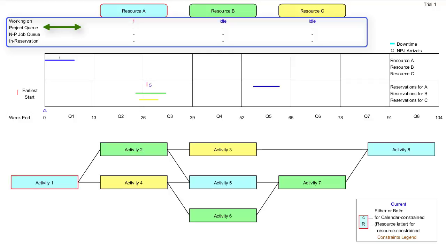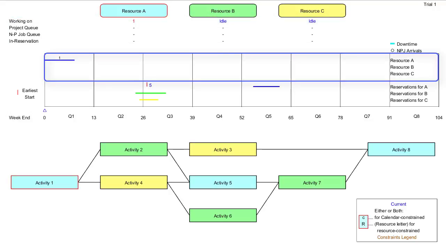An activity in queue will launch when any calendar constraint is satisfied and the resource is available and there are no other non-project jobs in the queue. The NP job queue row indicates the number of non-project jobs waiting for each resource. The in reservation row will show a Y for yes when the resource is reserved for our project. During a reservation, no non-project jobs will be allowed to start.